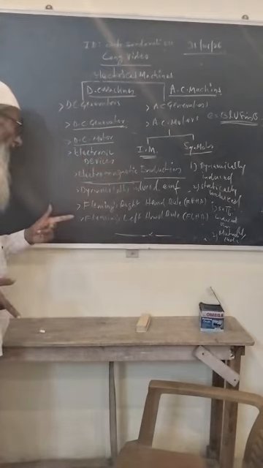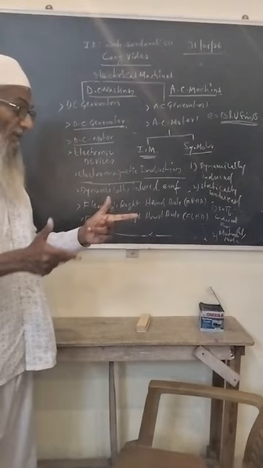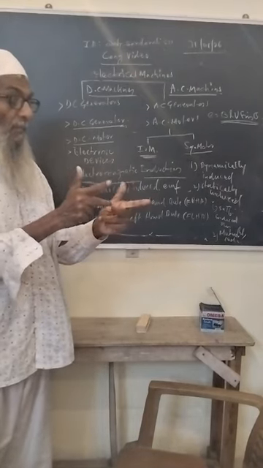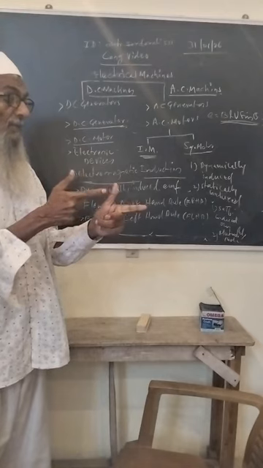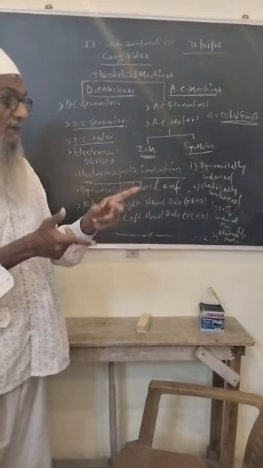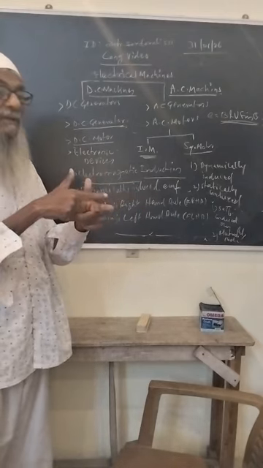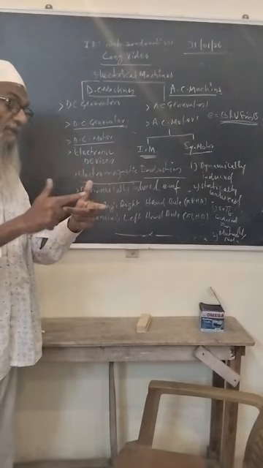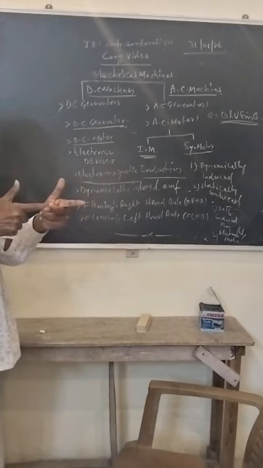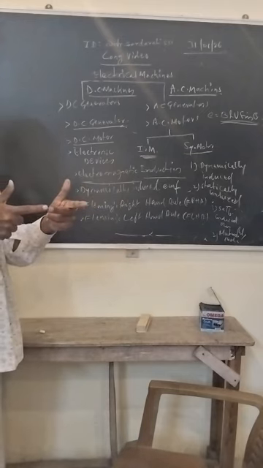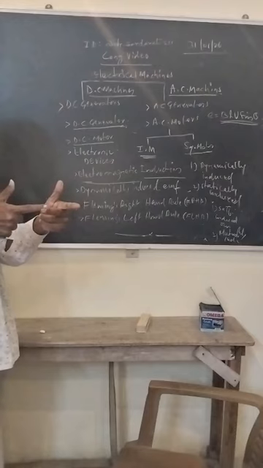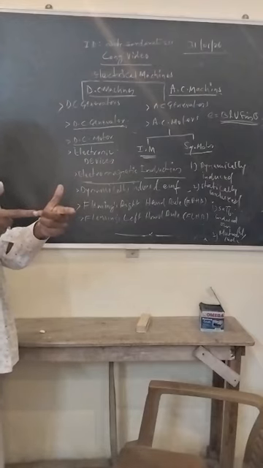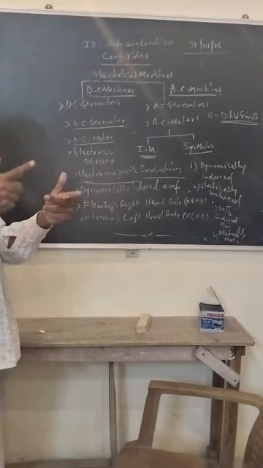On the other hand, Fleming's left hand rule is considered like this. Once again, the thumb represents the direction of rotation of the conductor, the forefinger indicates the direction of the mechanical force experienced by the conductor, whereas the middle finger indicates the back EMF induced in the motor conductor.